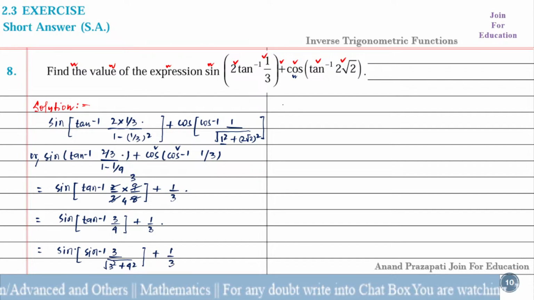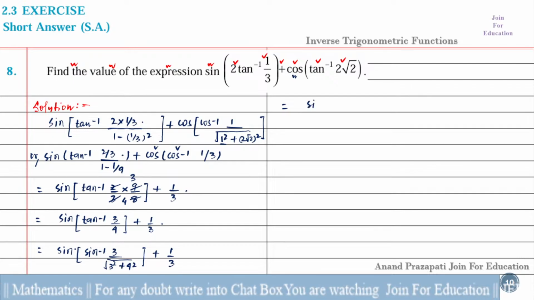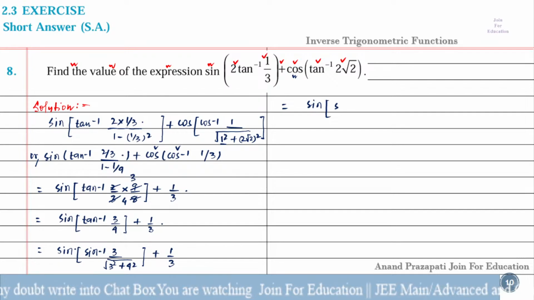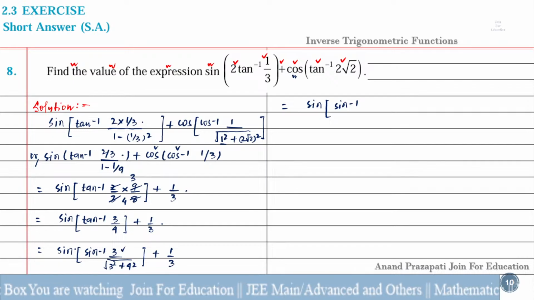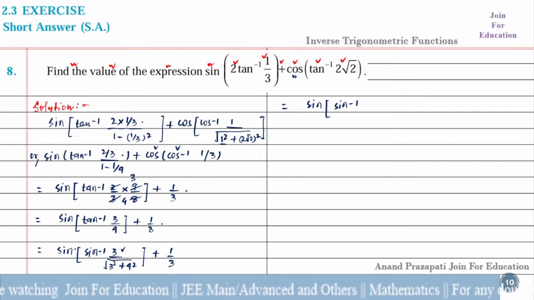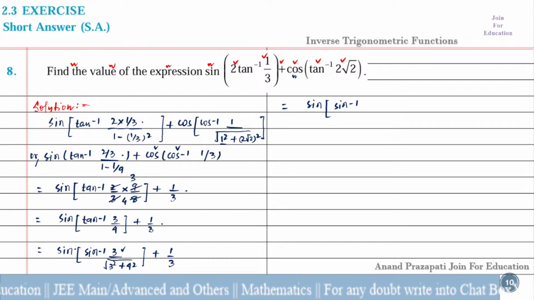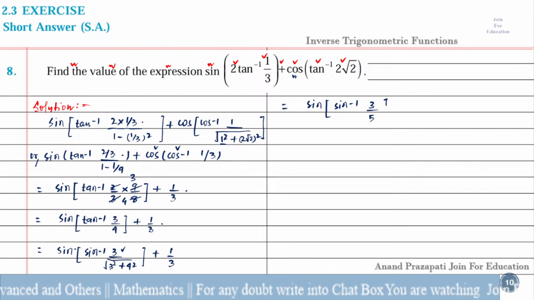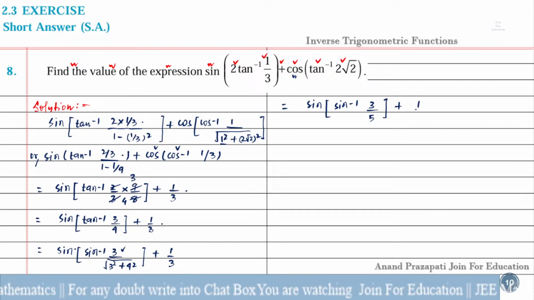So the next step here will be sine whole star, we write down here sine inverse, and here will be 3, and 9 plus 16 25, and square root of 25 is 5. So we write down here direct 3 by 5, and plus here 1 by 3.